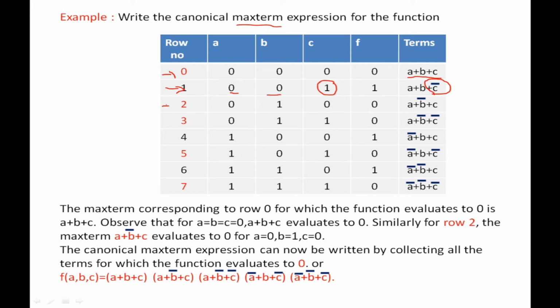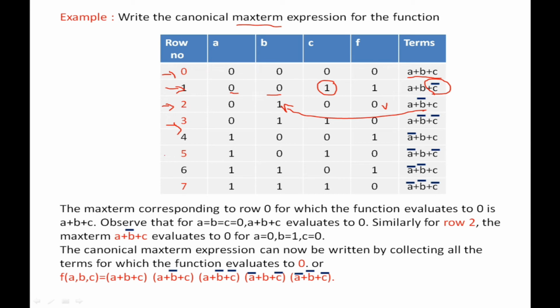In row number 2, we have A as 0, B as 1 and C as 0. So 0 1 0, the function is evaluating to 0. So the term we are representing as A plus B bar. Why B bar? Because this is representing 1. Similarly, row number 3.